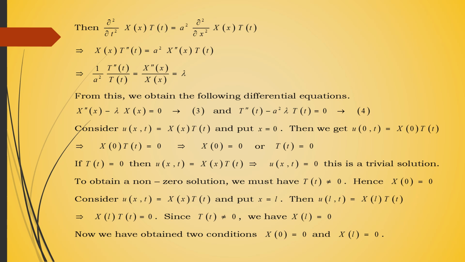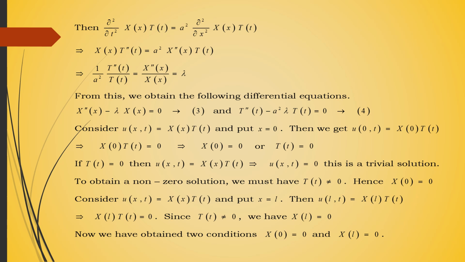Then X(L) times T(t) equals 0. But here T(t) is not equal to 0. So we are forced to equate X(L) to 0. So we get X(L) = 0.